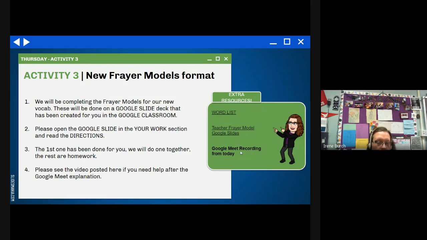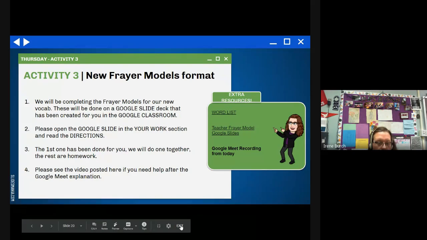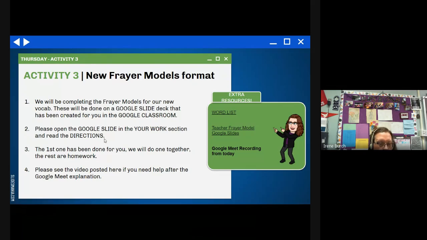I'm recording this current Google Meet about this, and this will become a link to what I'm explaining to you now in case you forget. You can come back and look at it later, okay? So what we'll need to do is go to the Google Classroom and open the assignment in the Your Work section. I've done one for you.